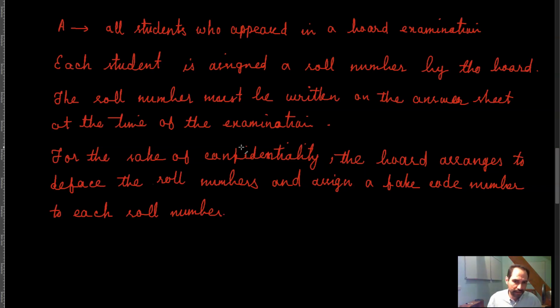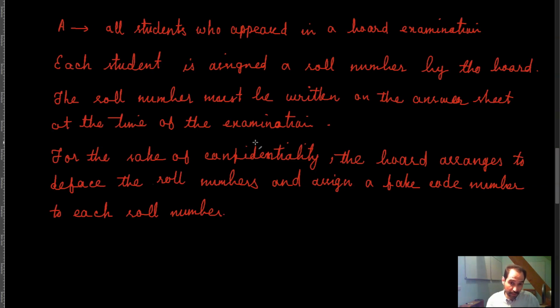So if that's the case, what they do is, to make sure that the people who correct those papers don't know to whom the paper actually belongs, they deface those roll numbers and swap them with some code number.